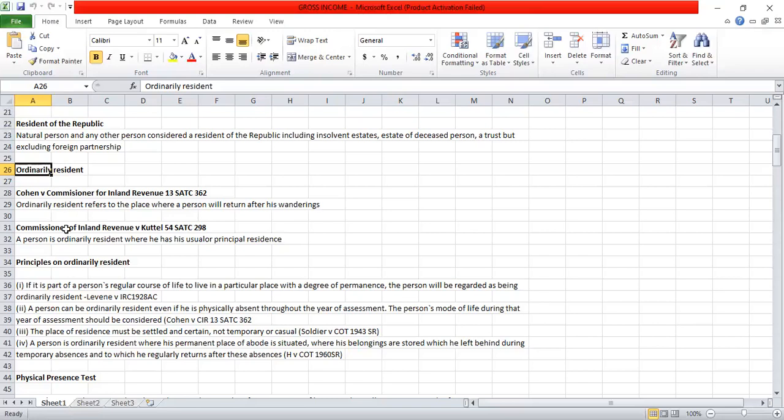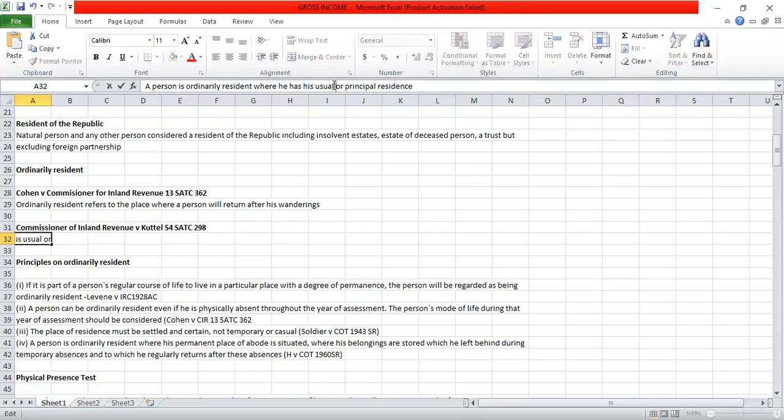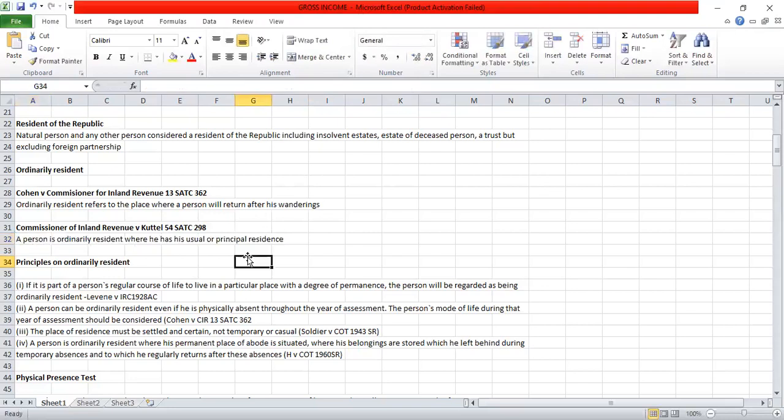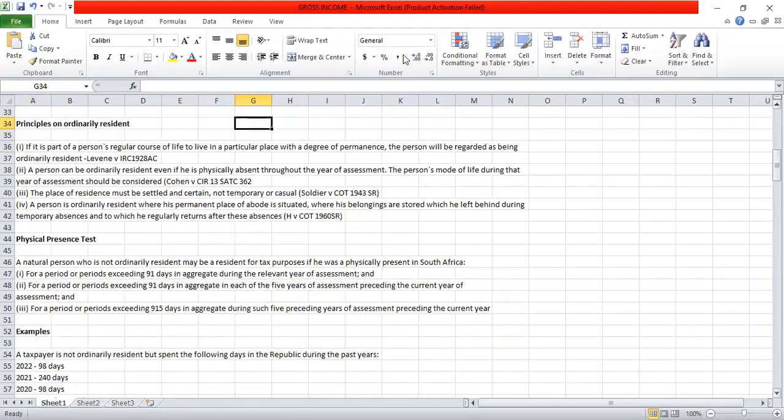And according to the case of Kettle, a person is ordinarily resident where he has his usual or principal residence. So if your main home is in South Africa, but you go wherever you go, you will still be considered a resident of South Africa. All right. So we've got various cases that help us in terms of this residence.